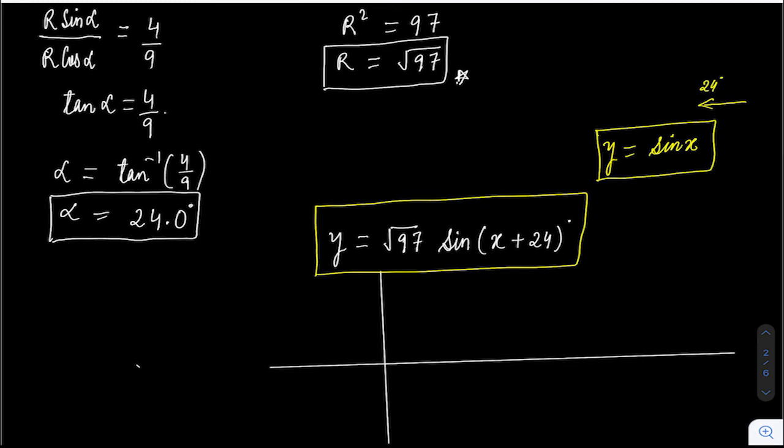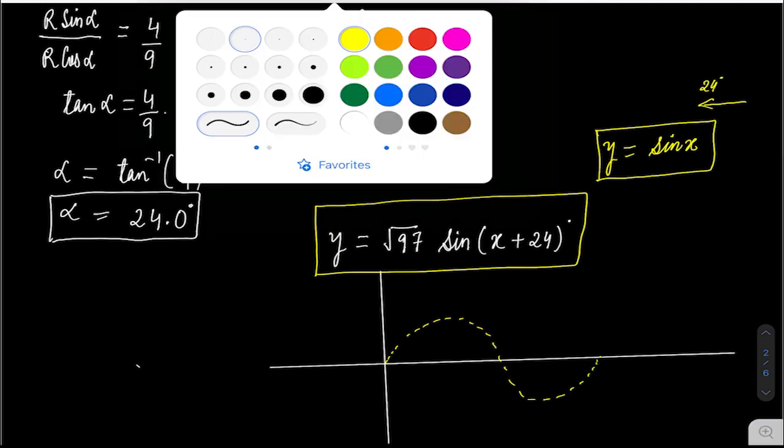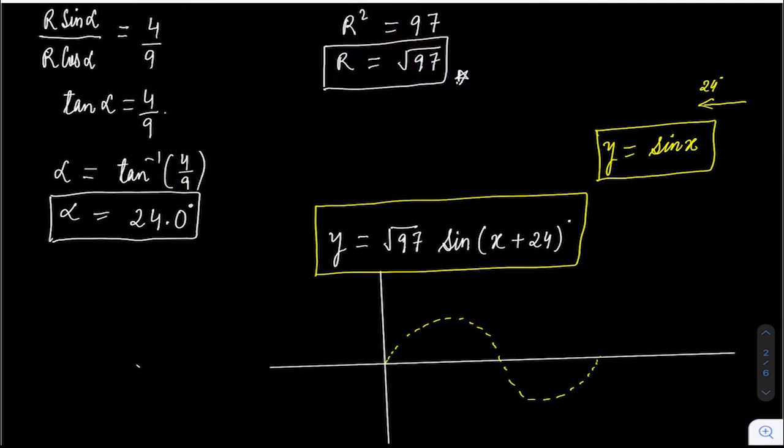Second thing is we have to stretch the graph vertically by a scale factor of square root of 97. So we know our normal sin x graph looks like this from 0 to 360. So my actual graph now will look something like this. This will be square root of 97.